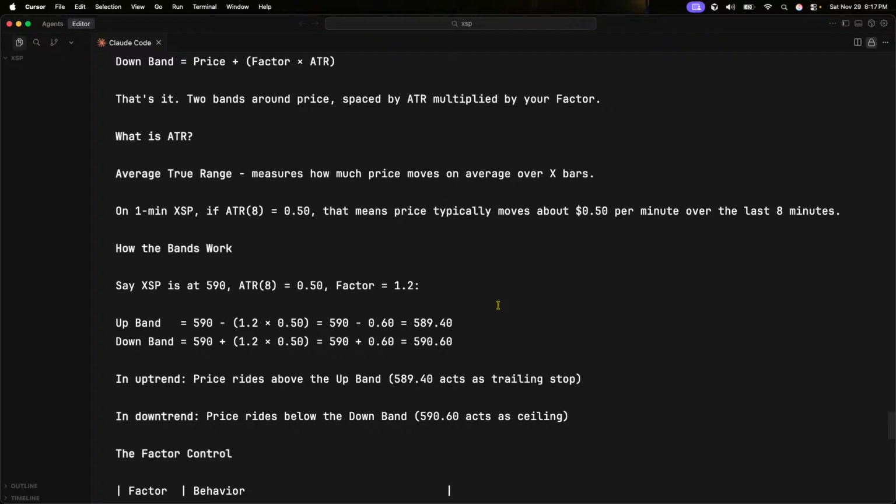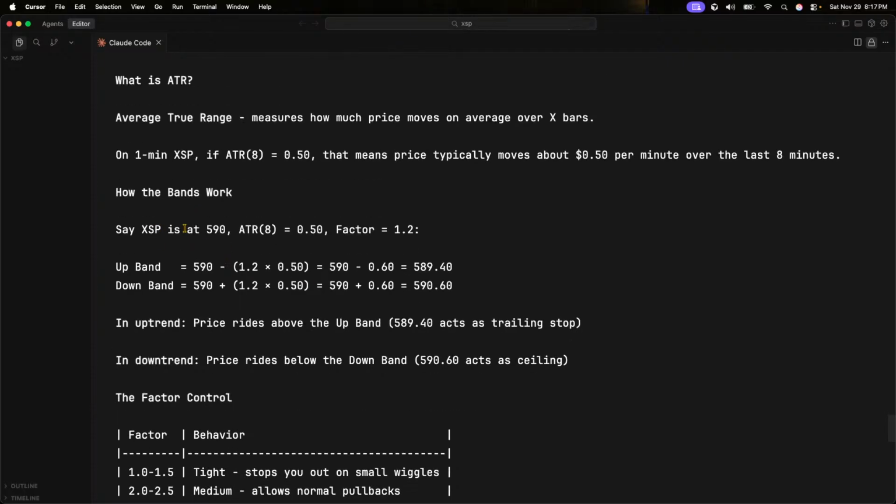How the bands work: say XSP is at 590, ATR equals 0.5 and the factor is 1.2. The up band is 590 minus 1.2 times 0.5, which equals 589.40, and the down band equals 590.60.